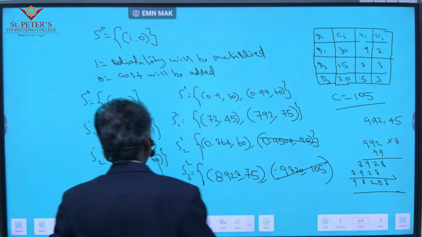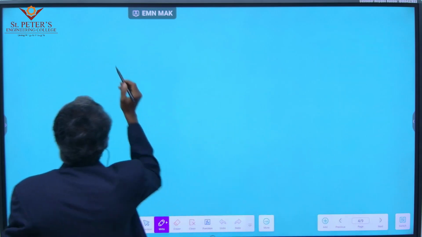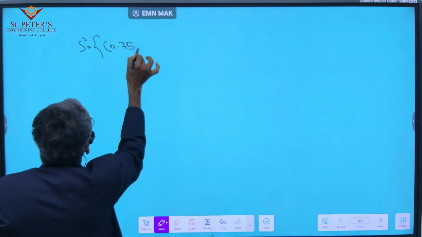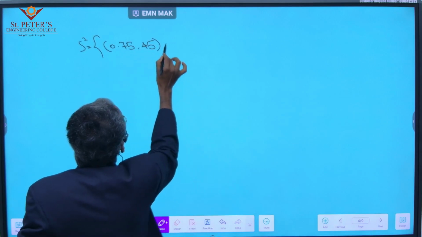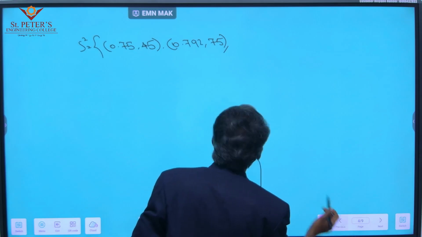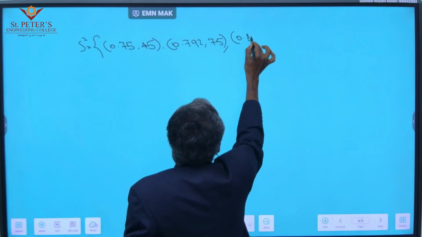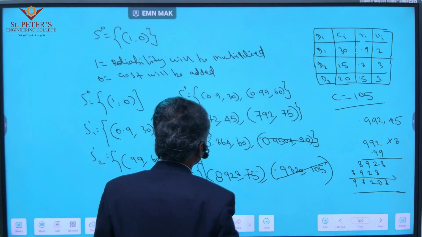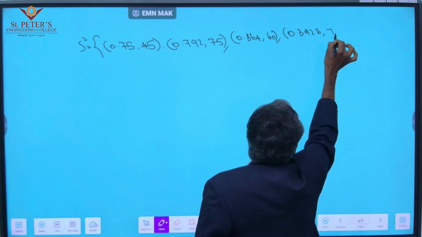So I'll write it on the next page. S2, I am summarizing S2: 0.75, 45; 0.79275; 0.84660; 0.86460; and 0.892875.